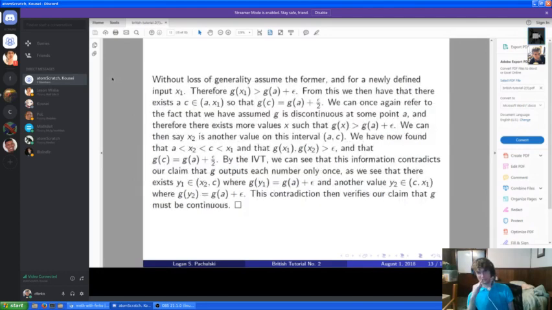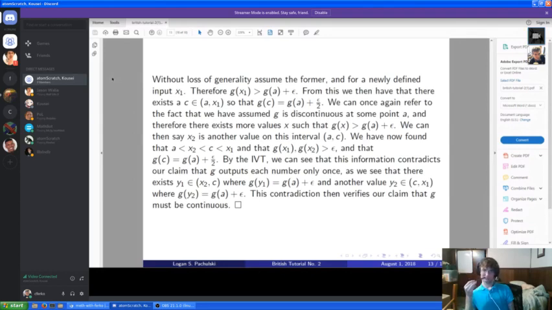Without loss of generality, assume the former, and for a newly defined input x sub 1, it is true. Therefore, G of x sub 1 is greater than G of A plus epsilon. From this we then have that there exists a C in the open interval A x1, so that G of C equals G of A plus epsilon over 2.